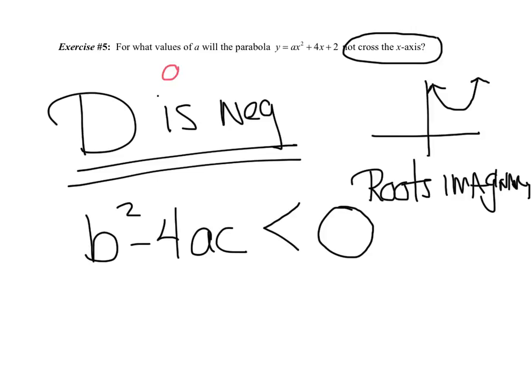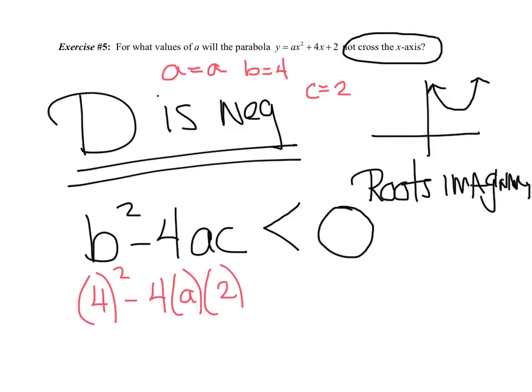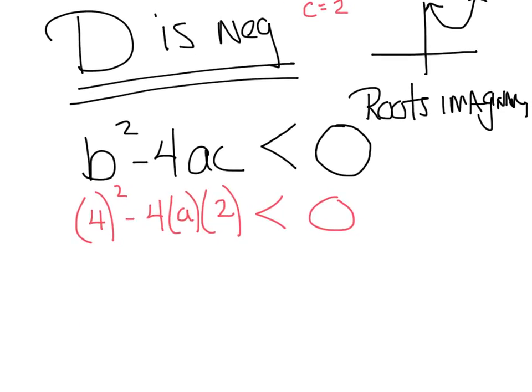So in this formula, my a is equal to a, my b is 4, and my c is 2. I'm just going to carefully substitute those in. So I've got 4 squared minus 4 times a times 2, and I know that needs to be less than 0. So 4 squared is 16 minus 4 times 2 is 8a, and that needs to be less than 0.